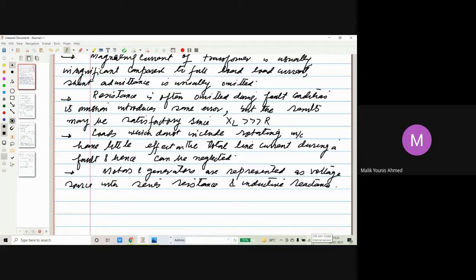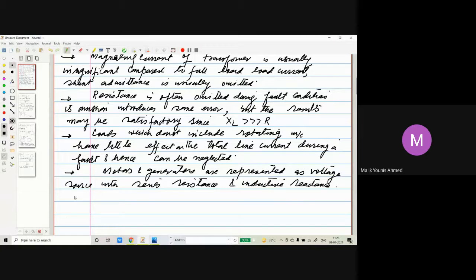Okay. If we have a synchronous motor, loads are always included in making fault calculation. That has to be remembered. Why? Because the generated EMF will contribute to the short circuit current.